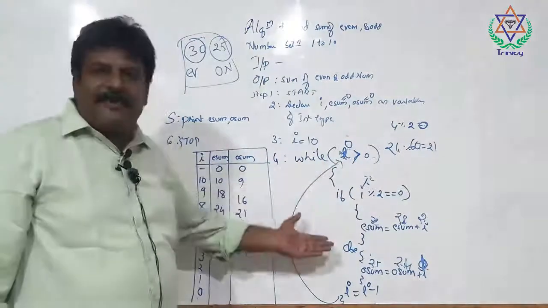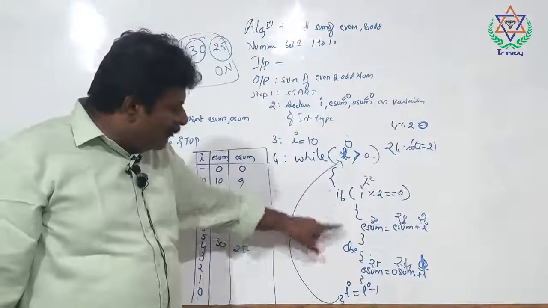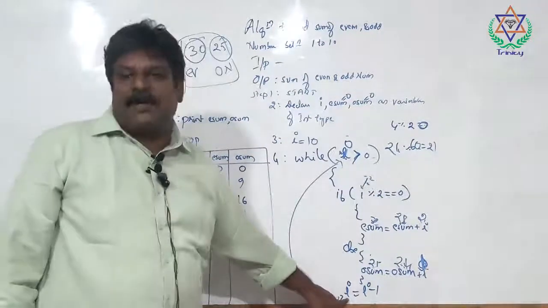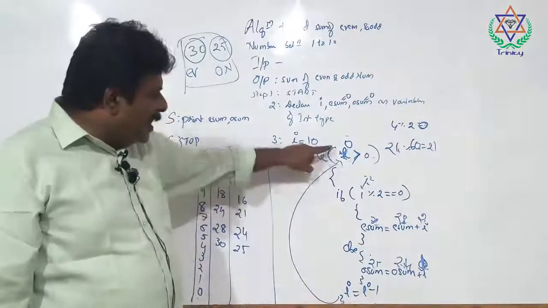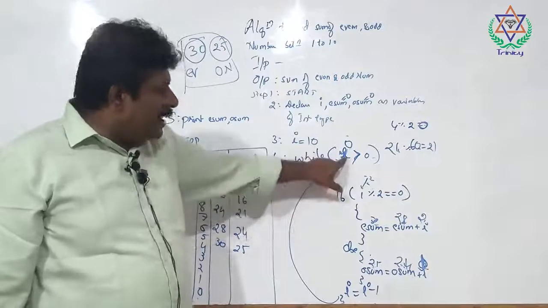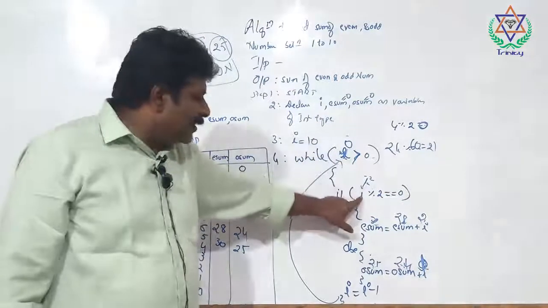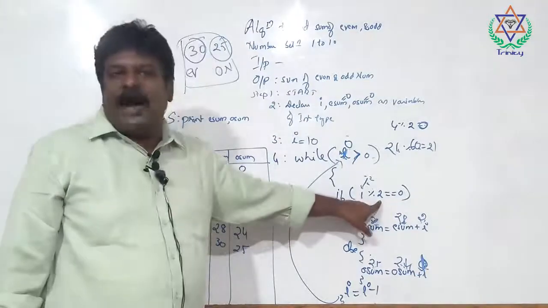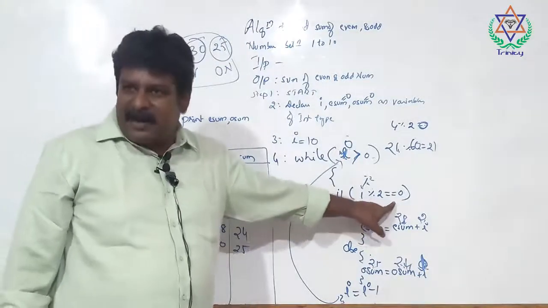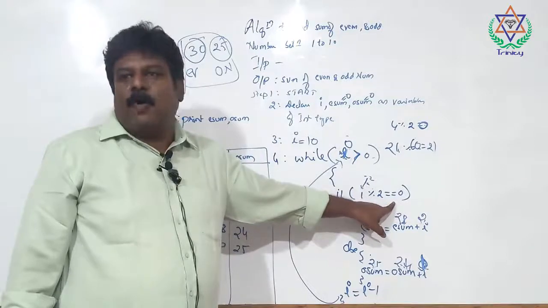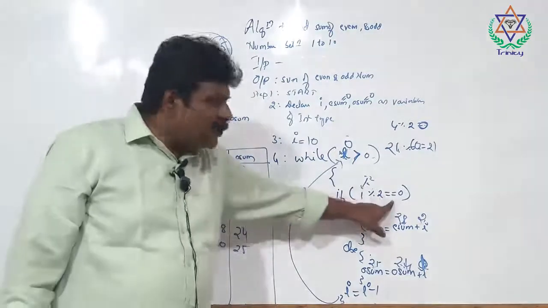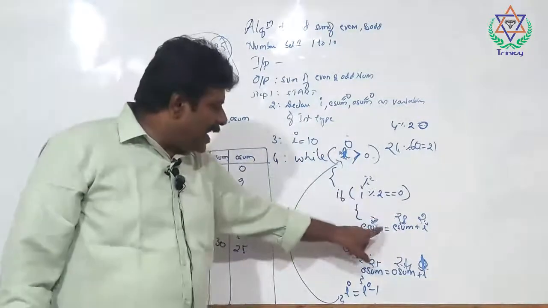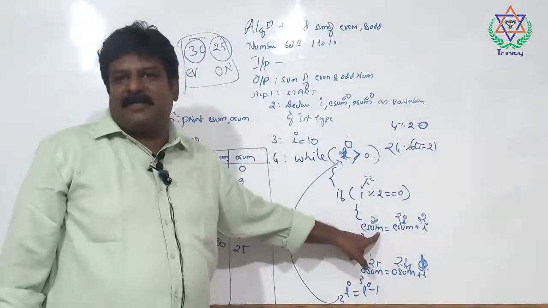What have we enclosed within the while loop? If else statement and I equal to I minus 1. Now what happens? Here I am finding out whether the counter is even or odd. I am dividing it by 2 and finding the remainder by making use of modulus. If it is 0, we decide it as an even number and this part will find the even sum.